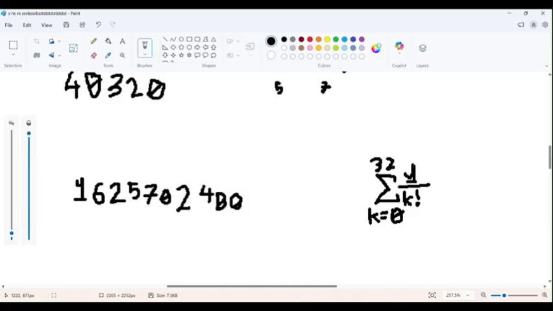And yes, we're going to have to approximate e, but I'm going to use this. Oh, I put 32 on there. I'm supposed to put 8 here because I'm using 8.